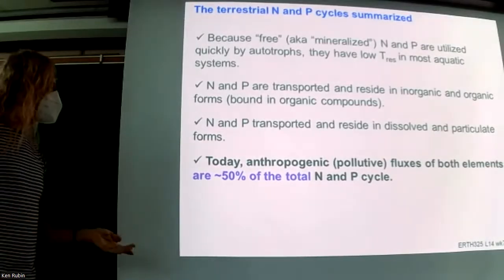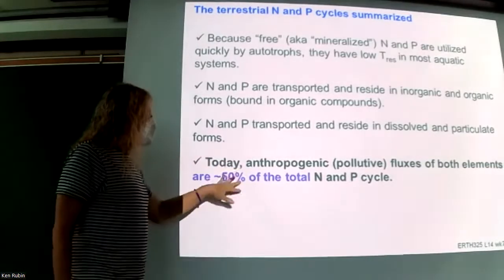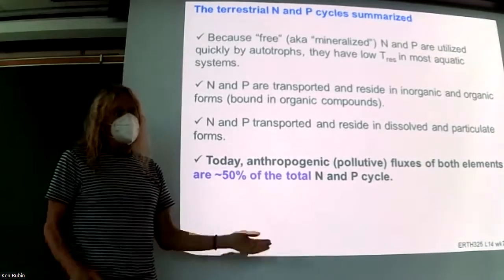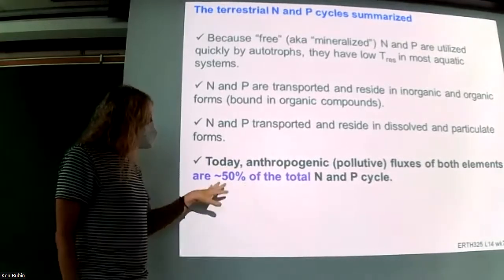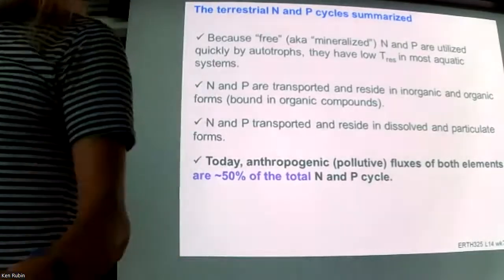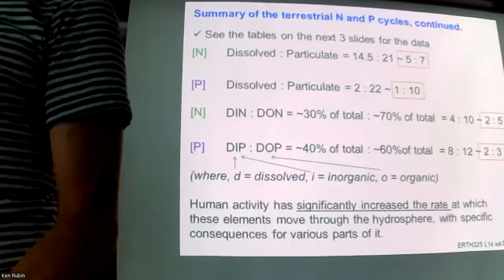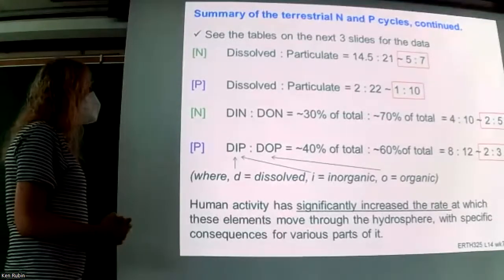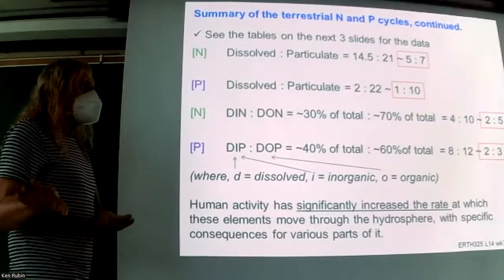We kind of know how it works, but we also know that even in the best cases, systems are being perturbed by human activity, some more, some less, but there's a significant impact. And that affects everything from how biologically productive a lake or a river is, as well as how much oxygen is there.